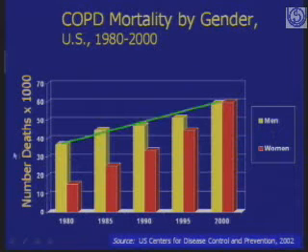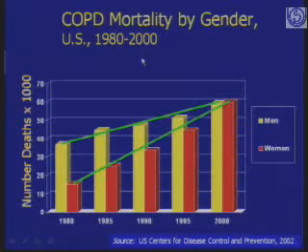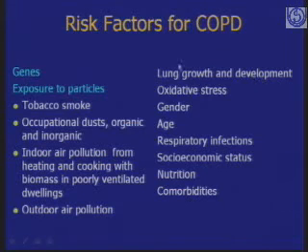For men, again there is an overall increase in mortality from 1980 to 2000. So in the last 20 years, despite the fact that we know so much about COPD, mortality is increasing for men as well as for women. We need to remember this, and it is very alarming, and it is very preventable. If you stop smoking, you can actually prevent the problem. It's a very simple thing to do, but unfortunately it is not happening.